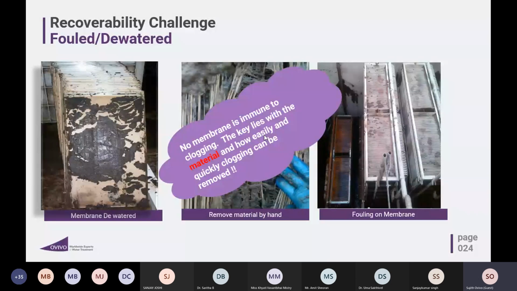Once it reaches 3 psi transmembrane pressure, you have to clean the membrane. And since you will be doing frequent cleaning every 3 psi, that is also harming your membrane, because more frequent cleaning is also not advised for any membranes, right?